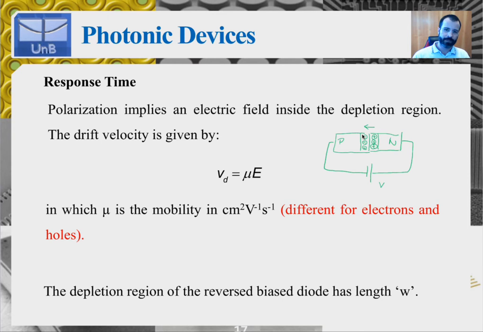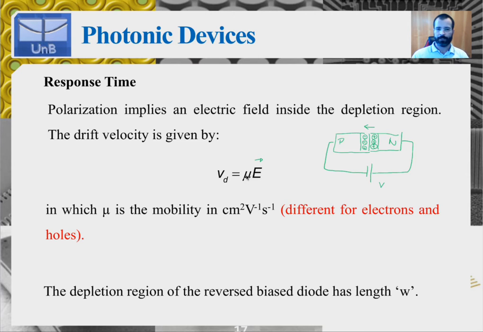So the point is that there will be an electric field E inside the depletion region, and the drift velocity, or the speed with which the electrons and holes will move inside this region in order to contribute to the current, is going to depend on the mobility of the respective carrier.